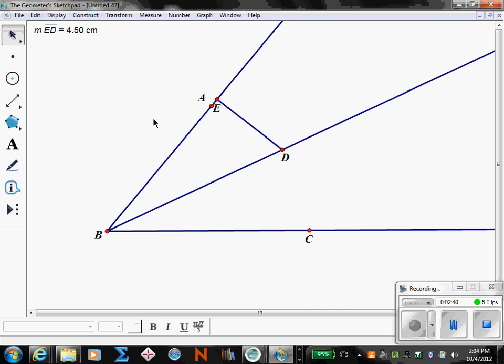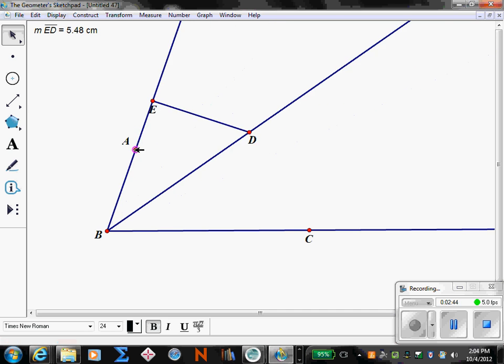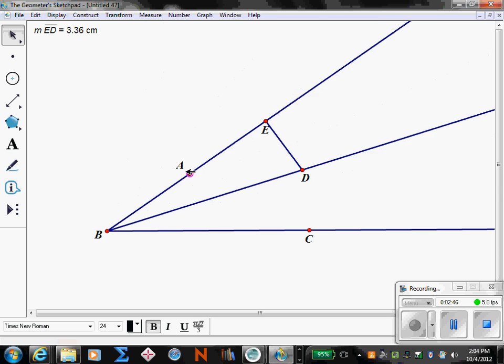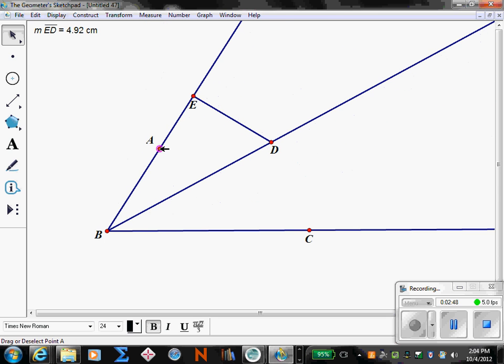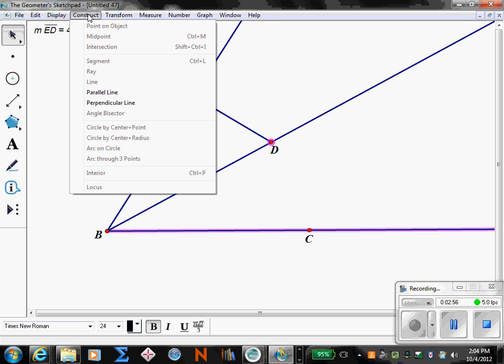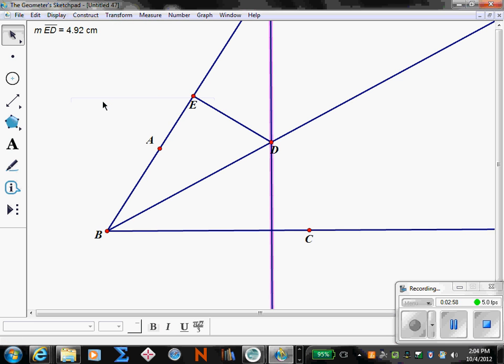And then I'm going to do the same thing with the other side. I'm going to move point A a little bit out of the way, but you can see as I pull A, that perpendicular segment moves as well. So I am going to highlight the ray down here and point D, and I am going to say construct perpendicular line, and I'm going to do the same thing. Find that point that is the intersection point.